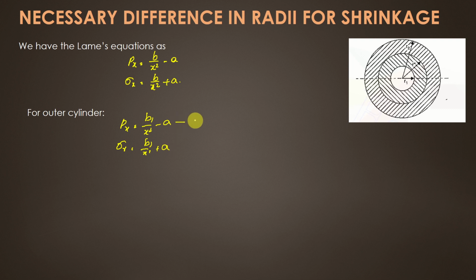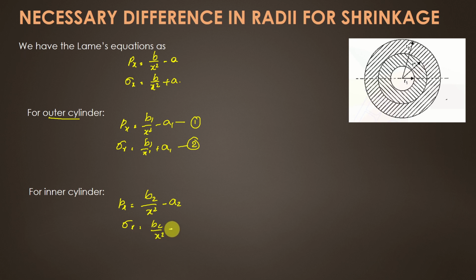Take them as equation number 1 and equation number 2. Here b1 and a1 are constants for the outer cylinder. And for the inner cylinder, we have p_x = b2/x² − a2, and σ_x = b2/x² + a2. These two are equation number 3 and 4, right? Here b2 and a2 are constants of the inner cylinder, which we have already seen in the previous video.